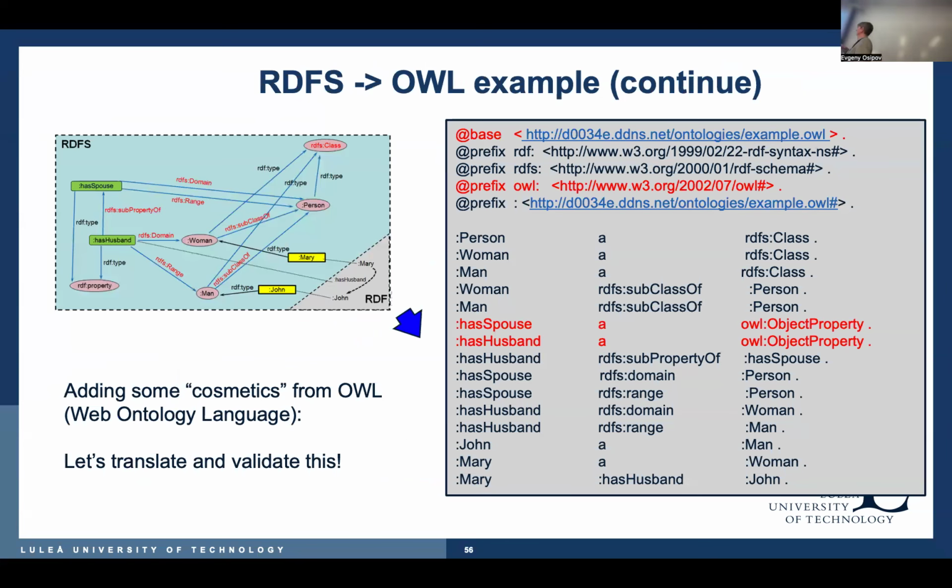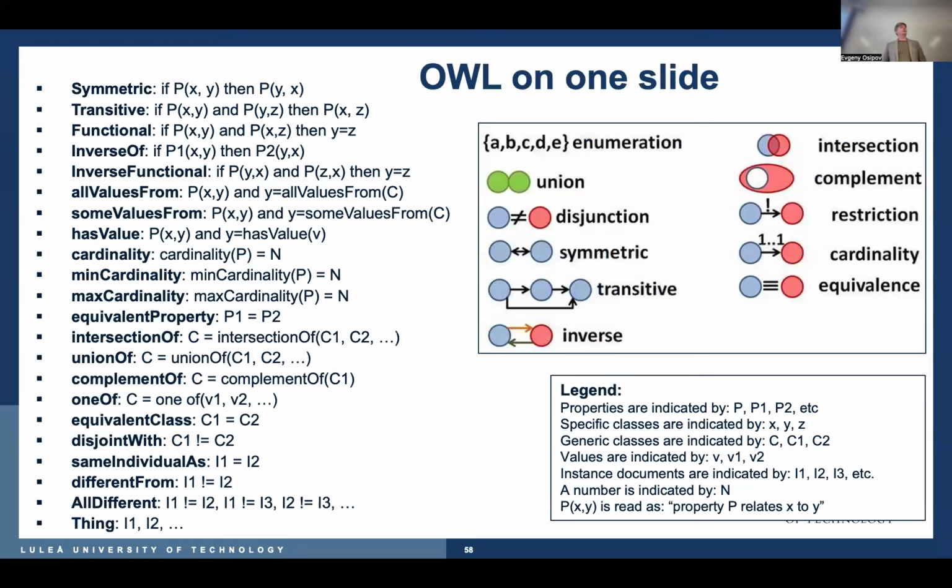So back to our example. That would be enhanced with some cosmetics typical to OWL, but otherwise it's pretty much the same syntax as we've seen before. All on one slide. So now please meet OWL. I go further, so you will read it offline.